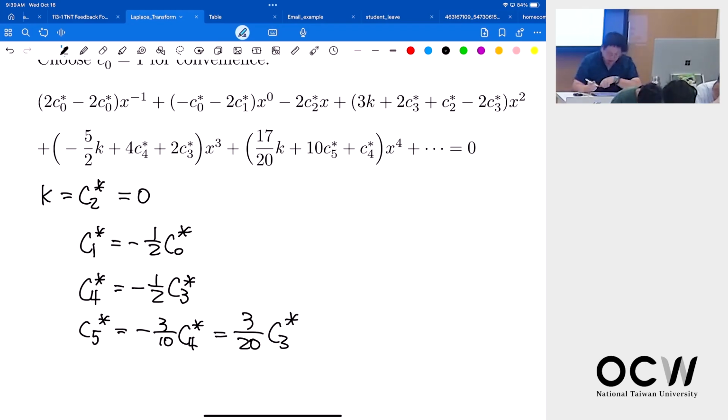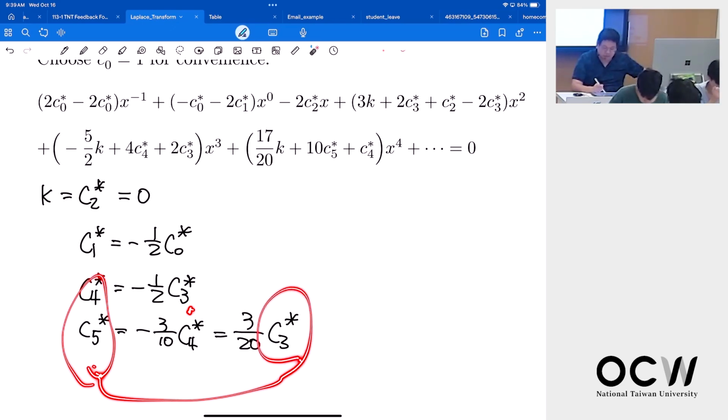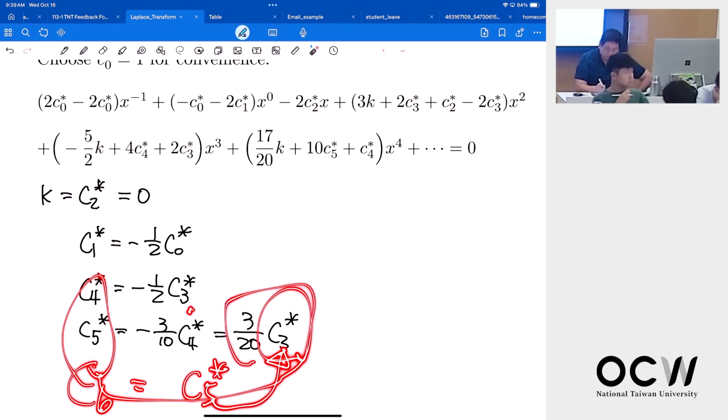So you can see that so far, when n is greater than or equal to 3, we can express that in terms of c3 star. Because c6 you'll get as something times c5 star, and c5 star is a portion of c3 star. So you can also get this c6 in terms of c3.